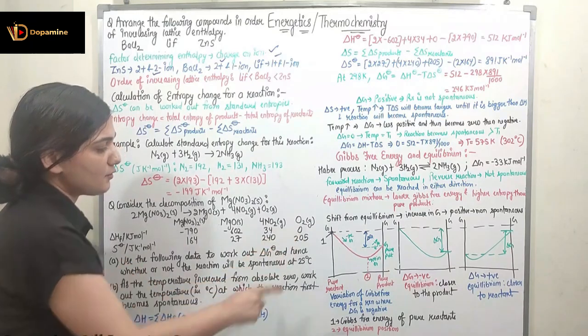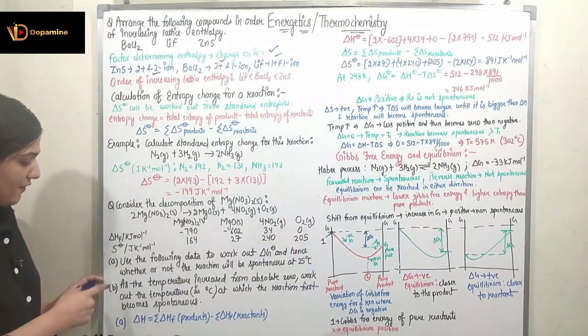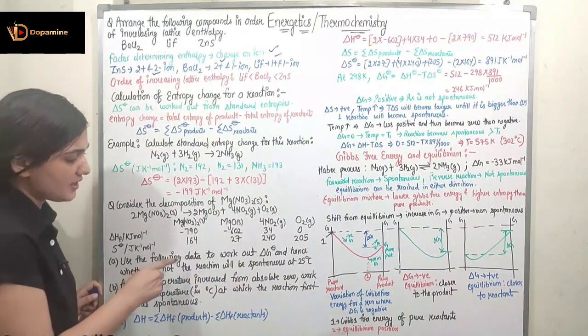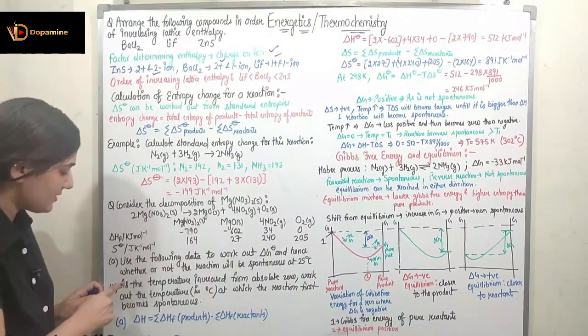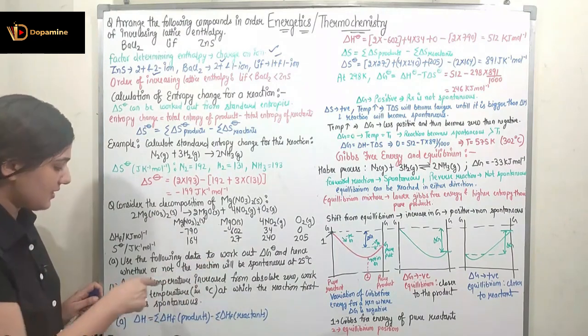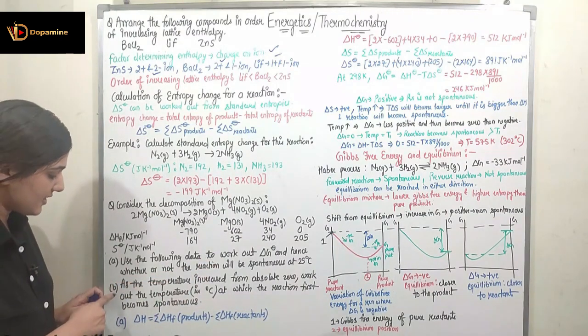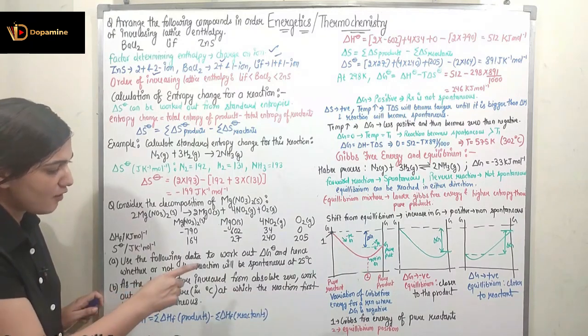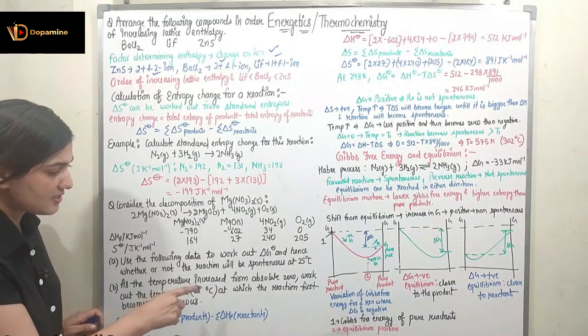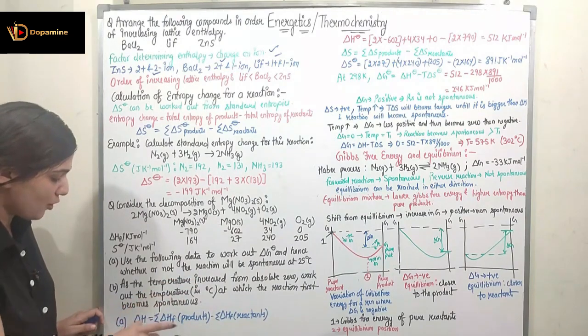For O2 it is 0 and 205. Question A is: use the following data to work out delta G and hence find out whether or not the reaction will be spontaneous at 25 degrees Celsius. The second question is: as the temperature is increased from absolute 0, work out the temperature in degrees Celsius at which the reaction first becomes spontaneous.